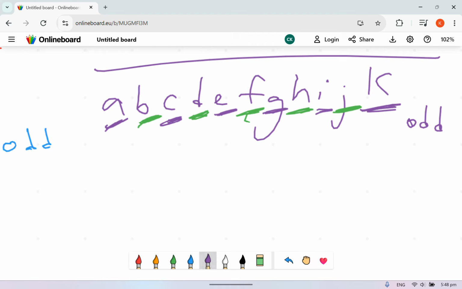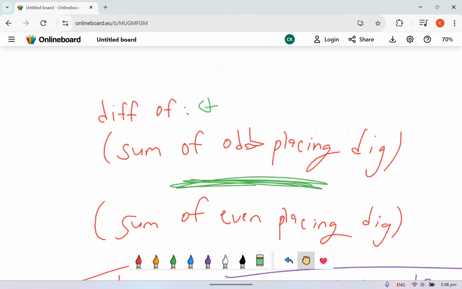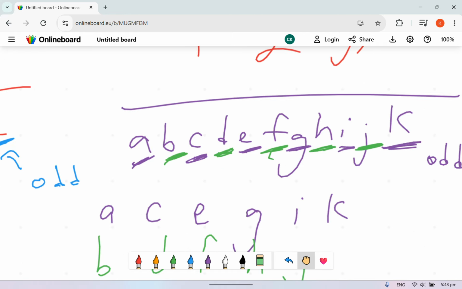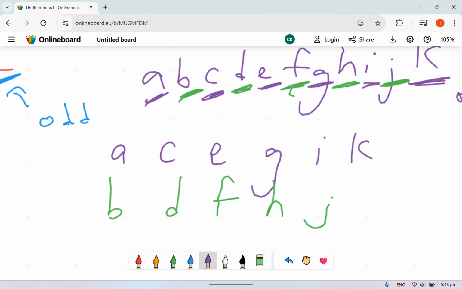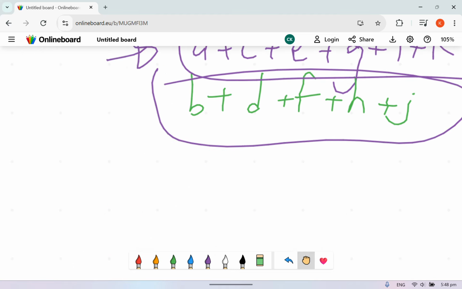In this case, I have A, C, E, G, I, and K. And extract out all the evens: B, D, F, H, J. And what you do is, in this case, it says the sum of odd placing digits minus the sum of even placing digits. These are the odd placing digits, right? Take the sum. And also take the sum of the even placing digits. And take this entire value minus this entire value, which basically would look something like this.